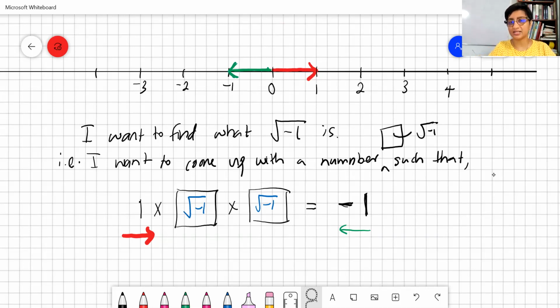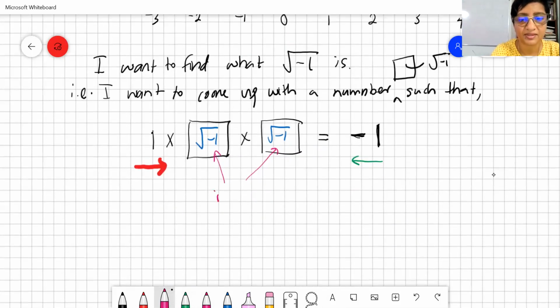You want to create this number. You want to find a place for this number in this picture. It's not yet been created, so it's not a number on this line. This number, this number, this number, we are sure of that.